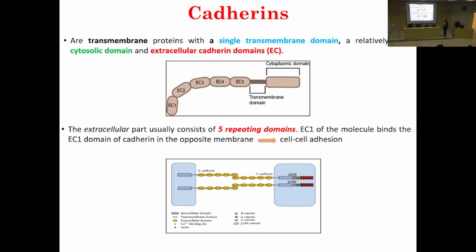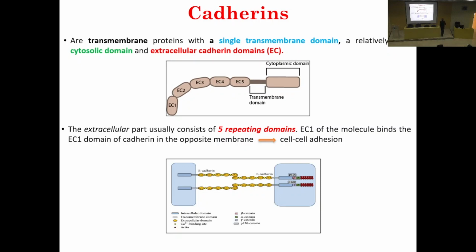So if I have, for example, two cells close to each other, how will these cells be connected? They will be connected via their extracellular domain. I have a cell with its extracellular domain here, and the other cell with its extracellular domain. So they will connect via the EC1.